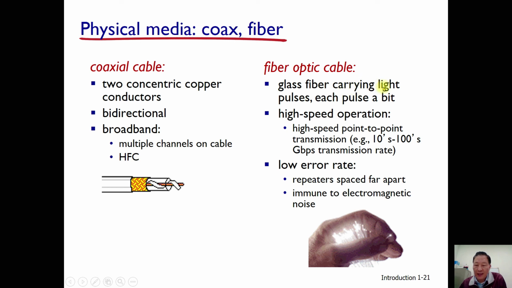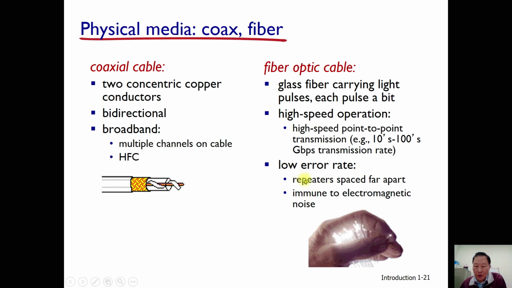And this one is carrying light pulses, and each pulse is a bit, in high-speed operation. Thus, that is very high speed, and also immune to any electromagnetic noise. The speed is a couple of 100 Gbps or Tbps. That is possible. And this has a very low error rate.